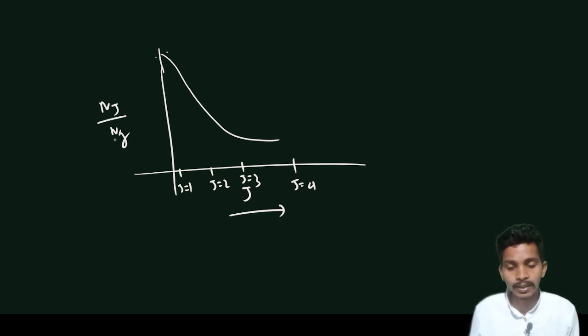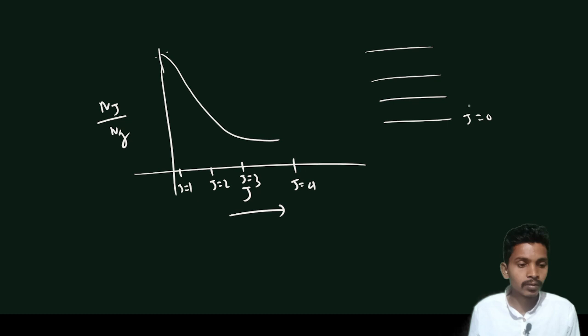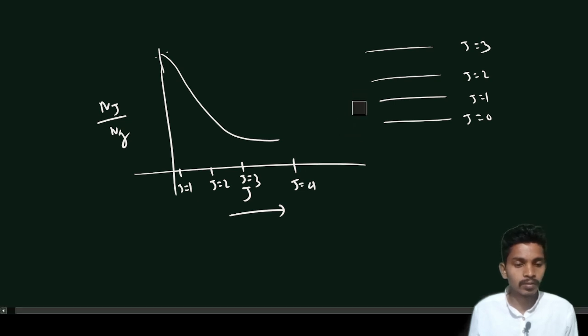If the ratio is decreasing, it means that the number of molecules is very low. Compared to this value, which is the same, this value is very less if the ratio is decreasing.